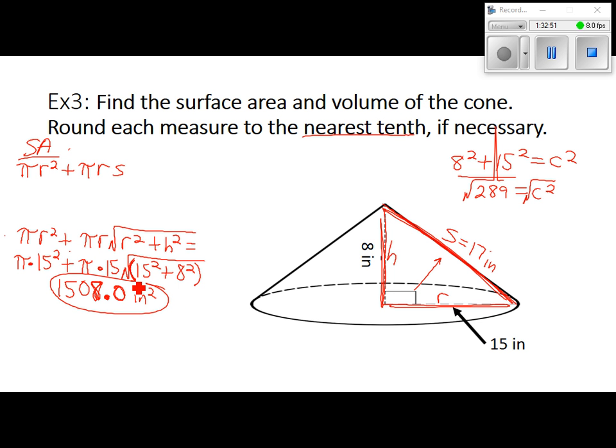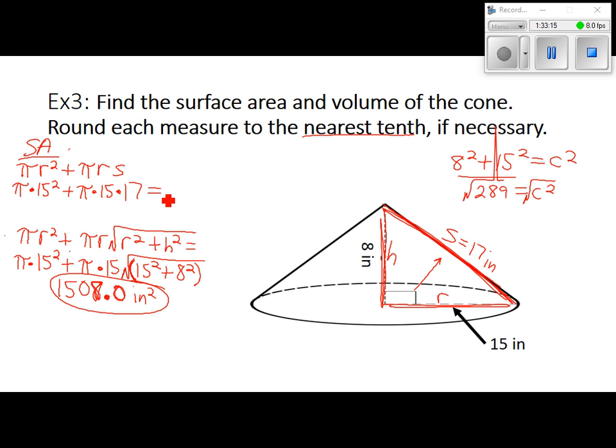So I just typed it all right into my calculator. This top formula, let's hope it comes out the same or I'm going to look awful silly. So pi times 15 squared plus pi times 15 times, we found the slant height to be 17, so I'm just going to stick that in there. Now in your calculator, you're just going to type all that in.